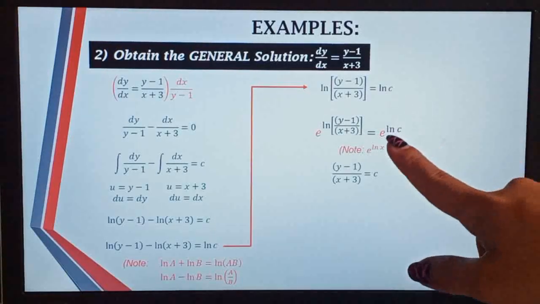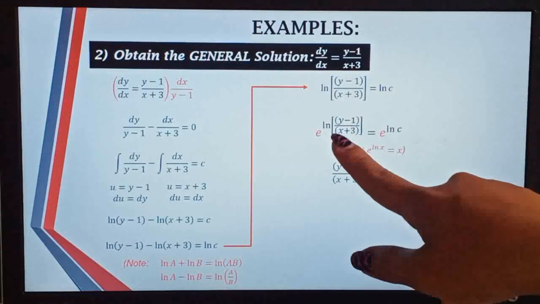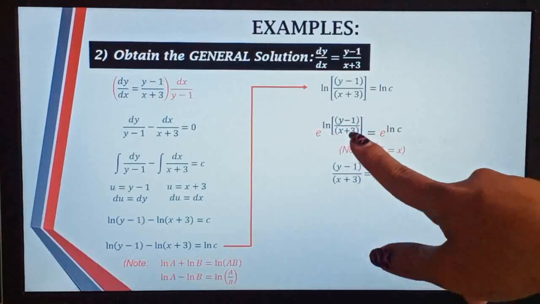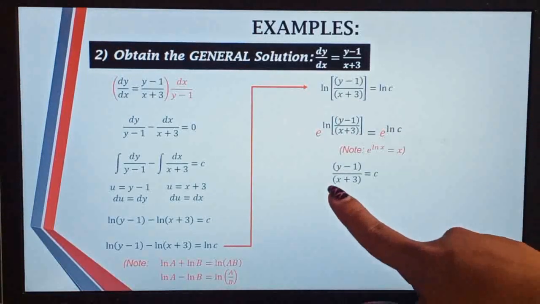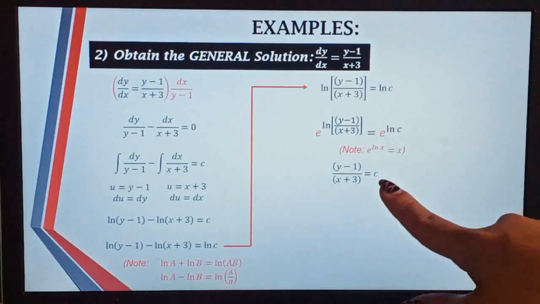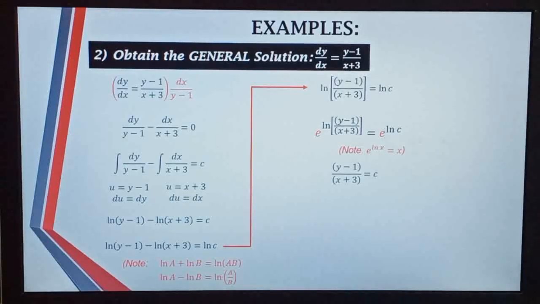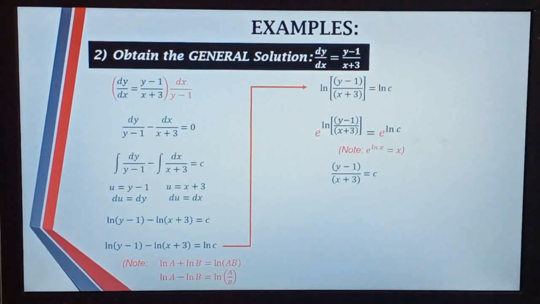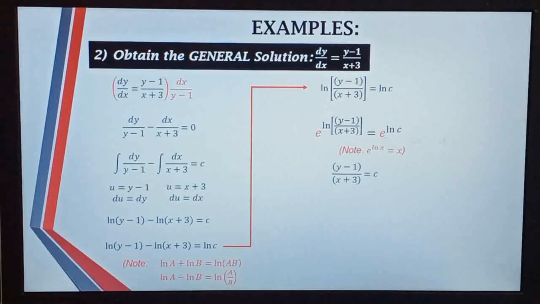Well, in that case, ang x natin dito or yung angle ni ln rather, we have y minus 1 all over x plus 3. Then yung angle ni ln dito is just c. So our simplified equation for this term is y minus 1 over x plus 3 equated to c.